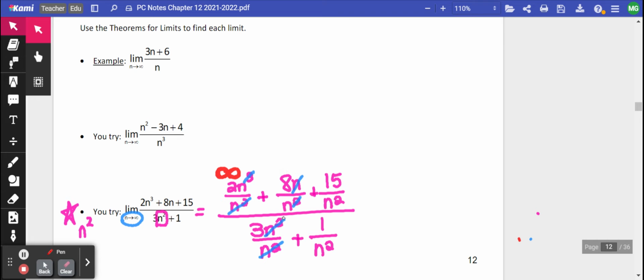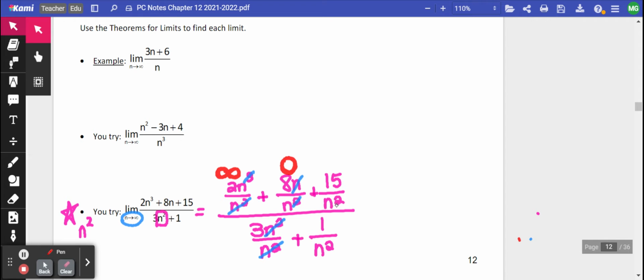It's never going to be negative, but it's going to eventually become a value that's pretty close to 0. Think about if it was 8 over 1 million, 8 over 1 billion. So that fraction would approach 0.